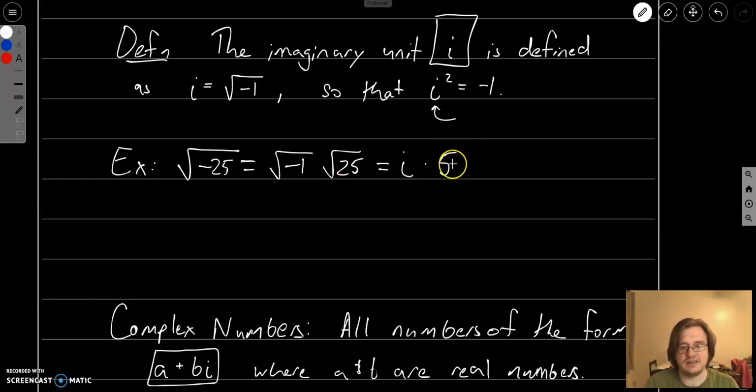And so we get I times 5. Usually, we put the number in front of the I. So this will be 5I. And this is all there really is to it. If we want to take the square root of a negative number, an I pops out. So we kind of think of this as the square root of -25. Well, it's just going to be I times the square root of 25, which is 5.